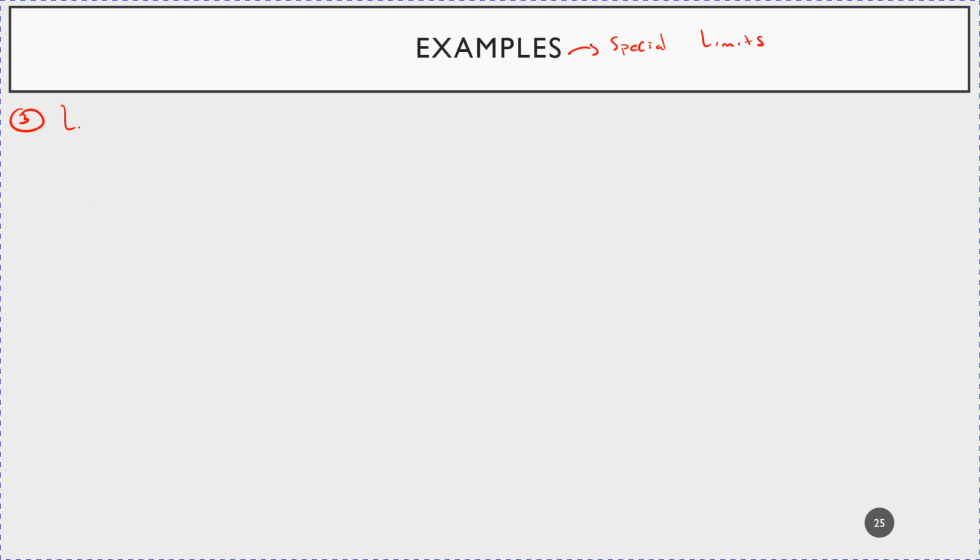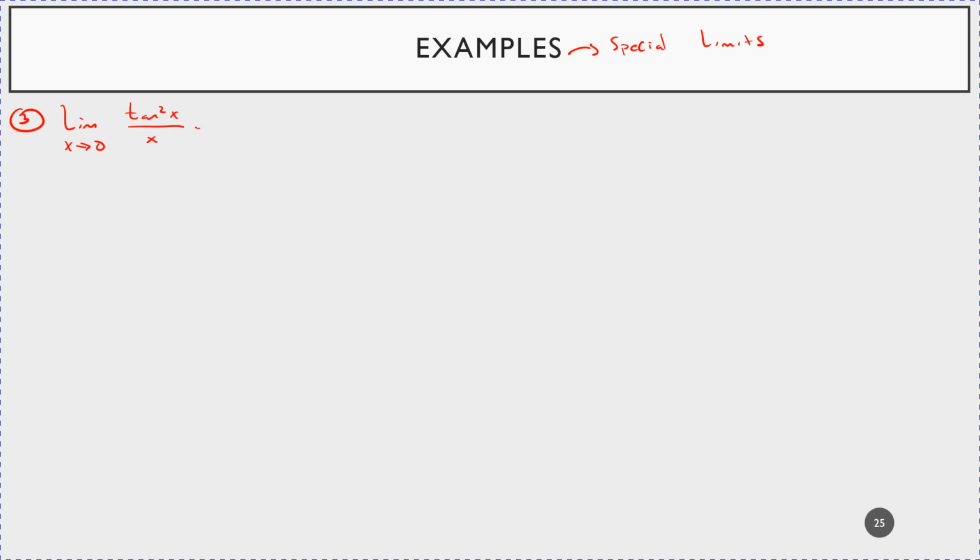Let's look at the limit as x goes to 0 of tangent squared of x all over x. For this one, you plug in 0, right? Tangent of 0 is 0 divided by 0. You get that 0 over 0, the indeterminate form.